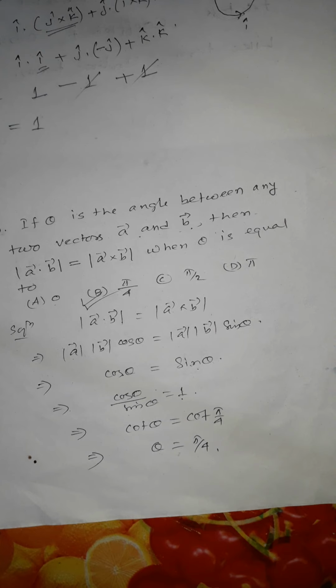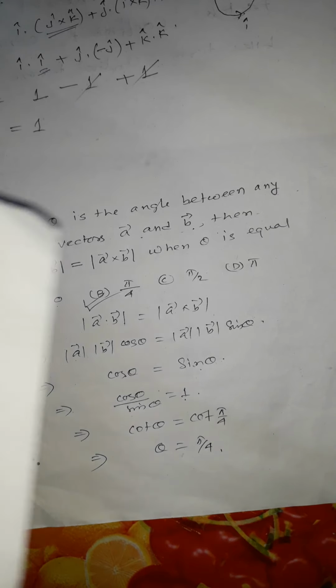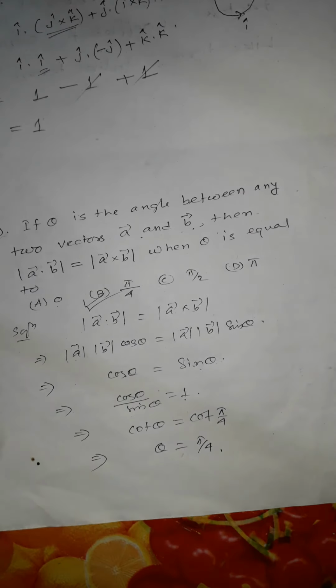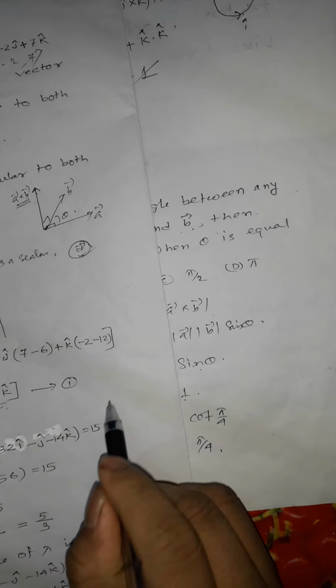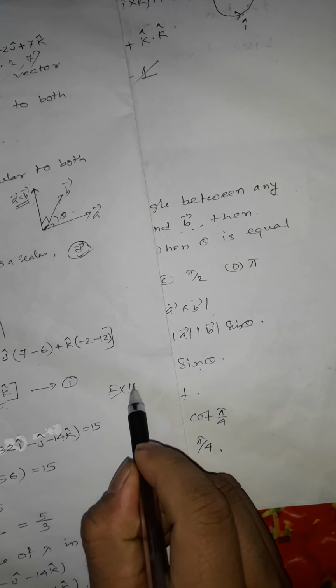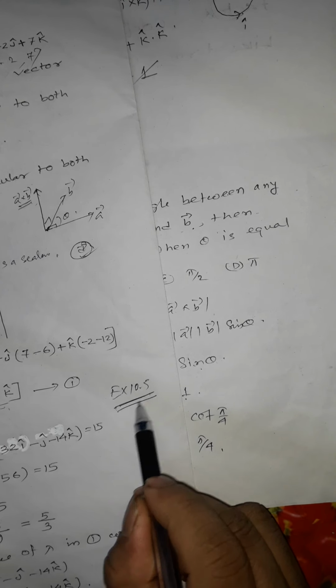Okay. Now you see these two questions are very important. Question number 13 and 12 from miscellaneous, and exercise 10.5 is very important. One homework question will come in the final exam.